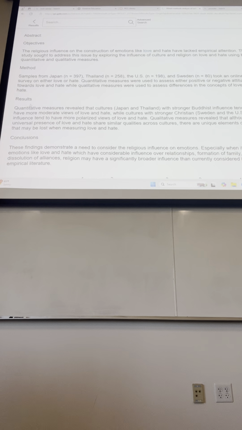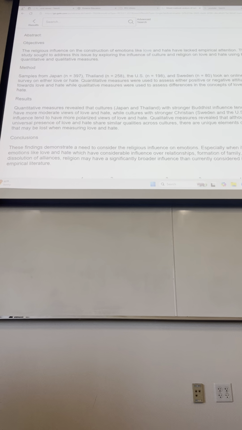So they're telling us the results. The quantitative measures revealed that cultures, Japan and Thailand, with stronger Buddhist influences tend to have more moderate views of love and hate, while cultures with stronger Christian influences, which is Sweden and the US, tend to have more polarized views of love and hate.